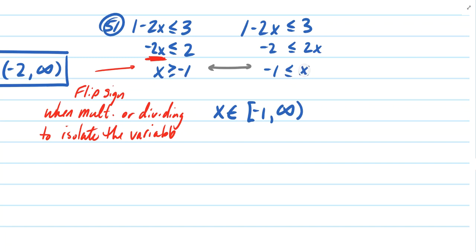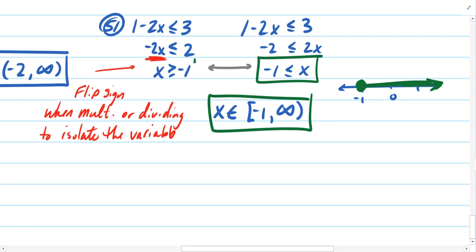We're picking all x values that must be greater than or equal to negative 1. On a number line, it may look something like this, where we have negative 1 and say 0 and positive 1. We want all solutions that exist at negative 1 and move larger towards infinity.